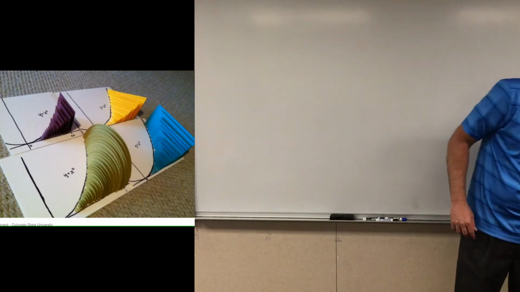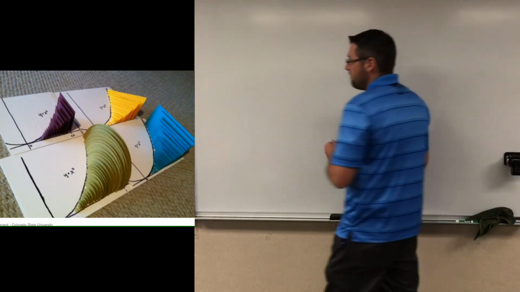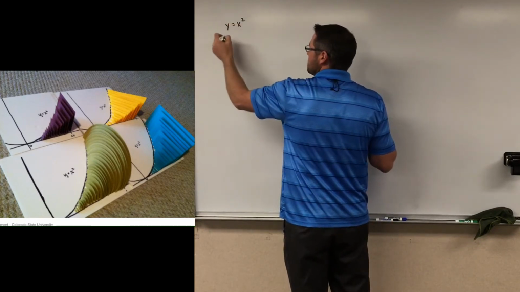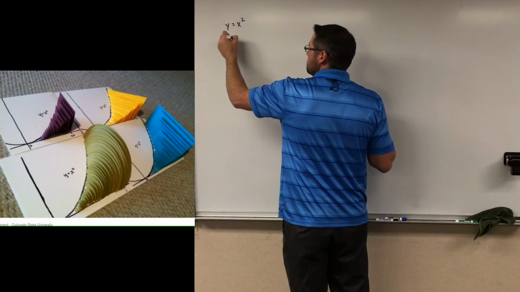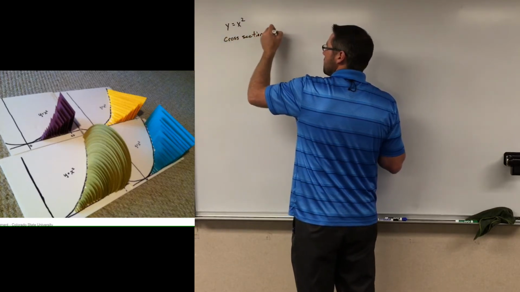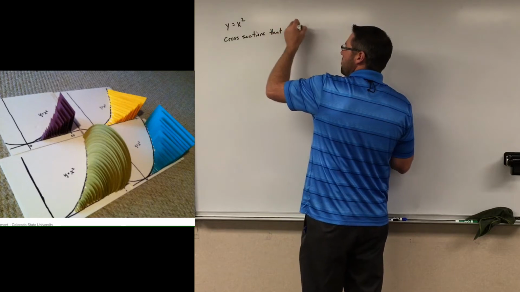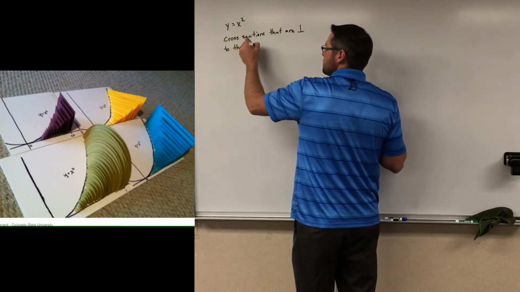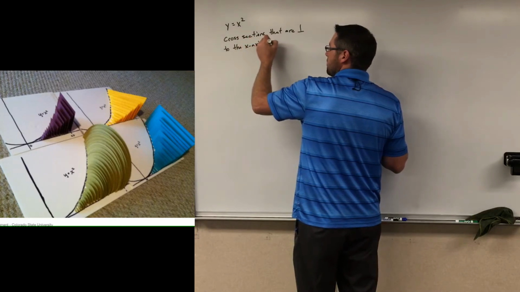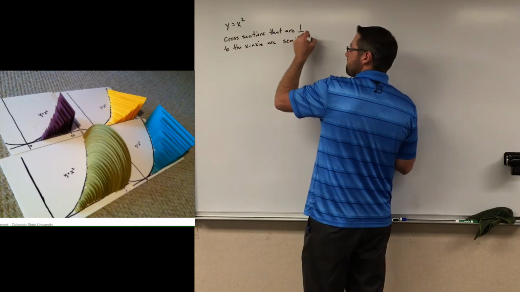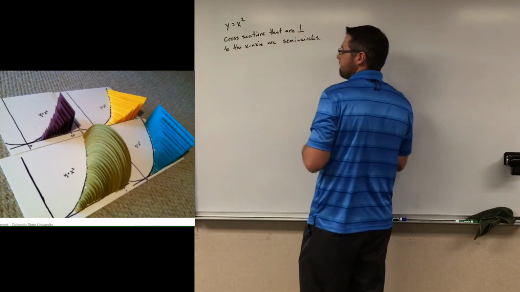Let's do this problem. You have y equals x squared, and we want cross sections that are perpendicular to the x-axis to be semicircles. Okay.